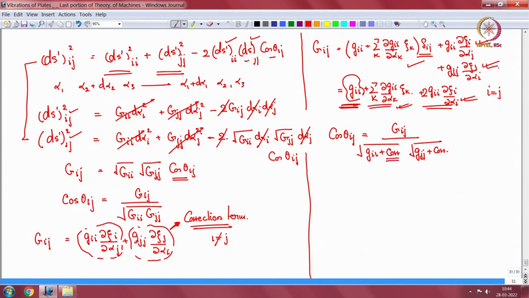These corrections being small terms compared to the original order 1 term, I am going to drop them. So this I am going to write as Gij by square root of GII square root of GJJ.